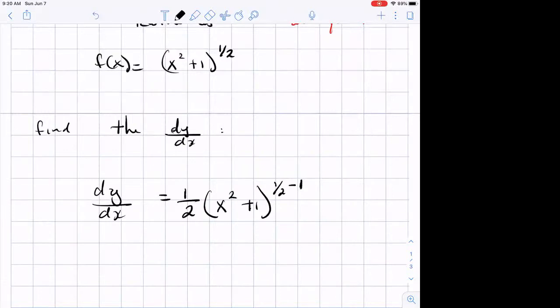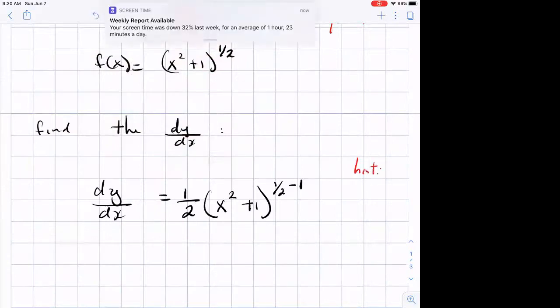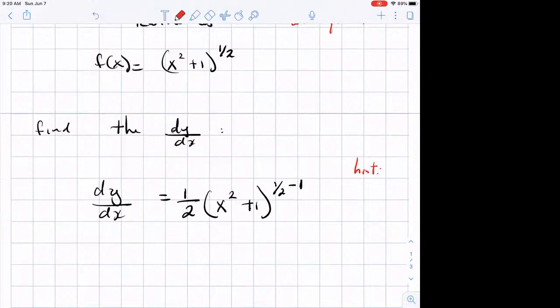So here's a hint for you. Anytime you have a power as a fraction, for fraction powers, subtract 1 implies subtract the denominator.